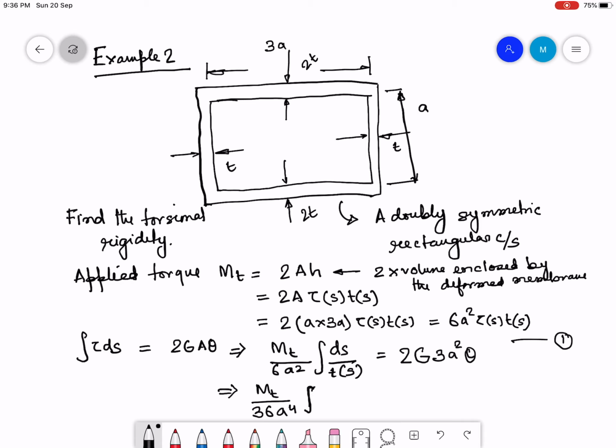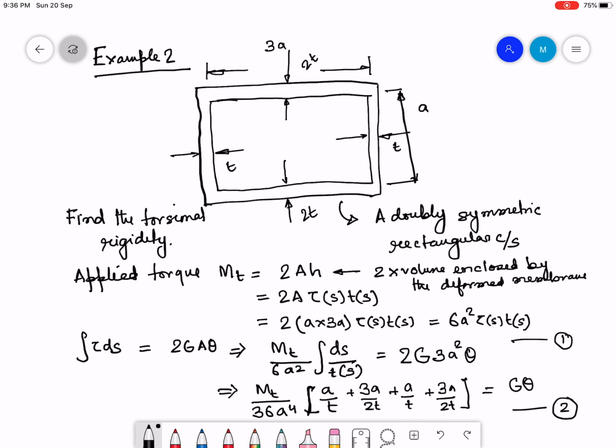If I try to write this, it is going to be a by t plus 3a by 2t plus a by t plus 3a by 2t, and that is going to be g theta. So this is my equation 2.